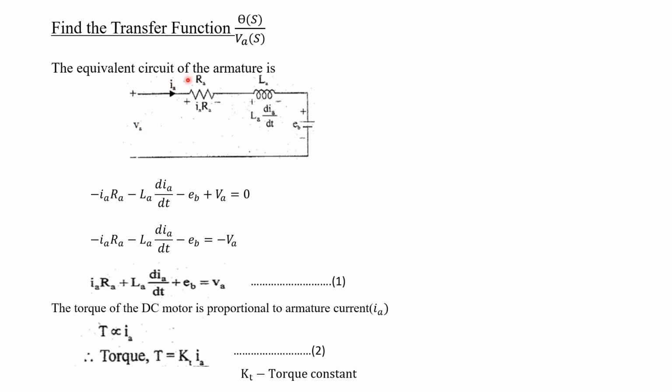Instead of representing it as of t, we can simply write V as well as I. Actually this will be d by dt of IA of t, but instead of representing it like this, we can simply write it as LA into dIA divided by dt. The next element is the back EMF, that is a source, plus to minus. So it will be considered as a drop, minus, and this voltage is EB.